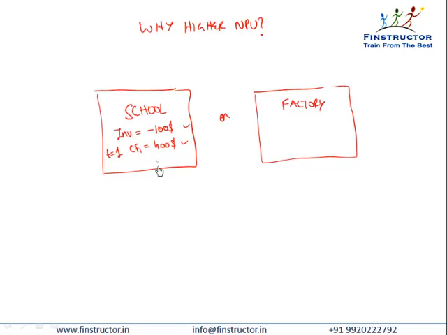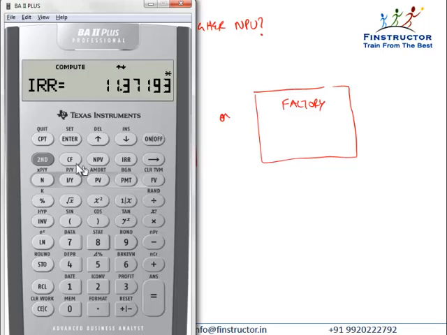So positive NPV and definitely very high IRR also. If we input the cash flows in the cash flow sheet and compute the IRR, it will come out to be a very high number. Let's try to do it. Go to the cash flow sheet, clear work first, press 100 minus as the cash outflow, and at the end of the first year you're getting $400 as the cash inflow.